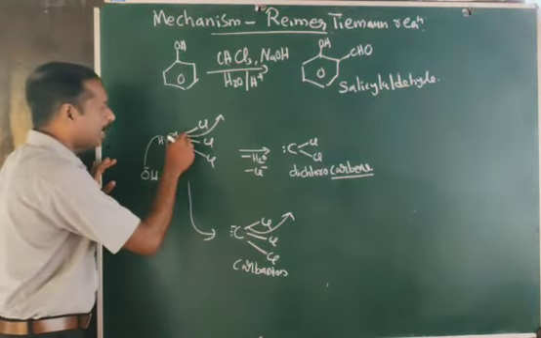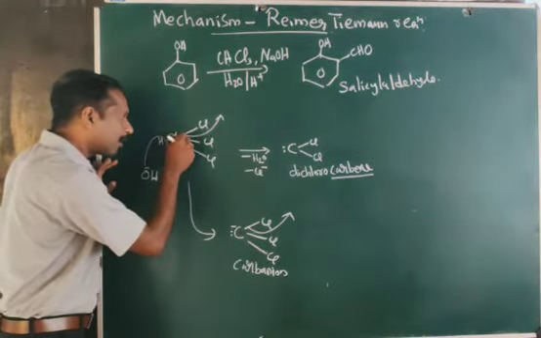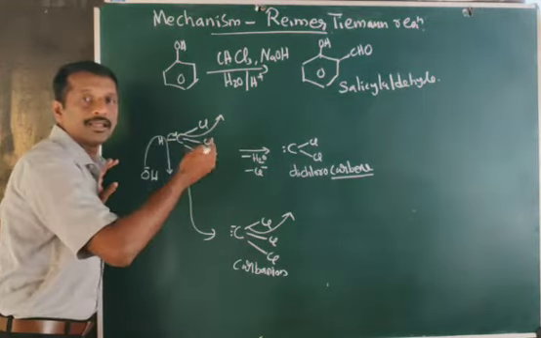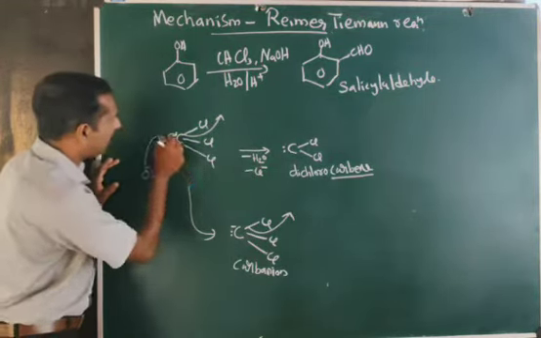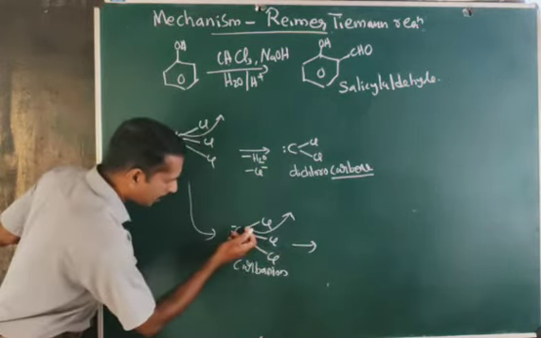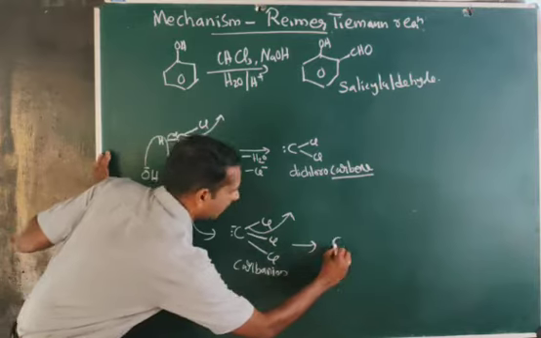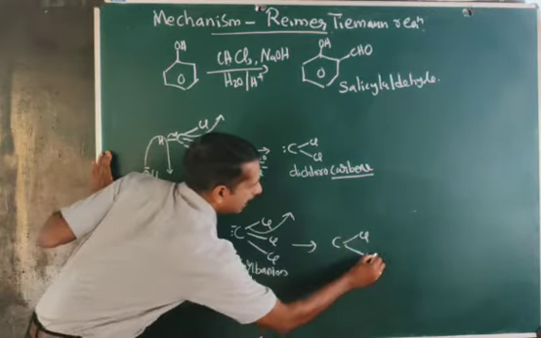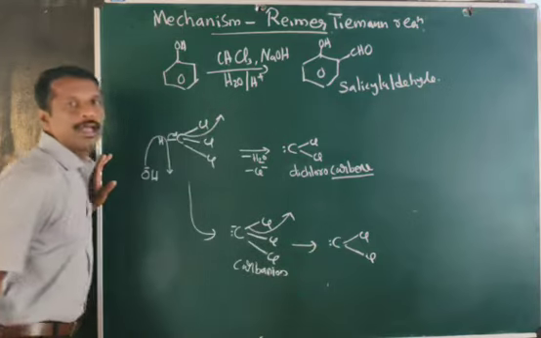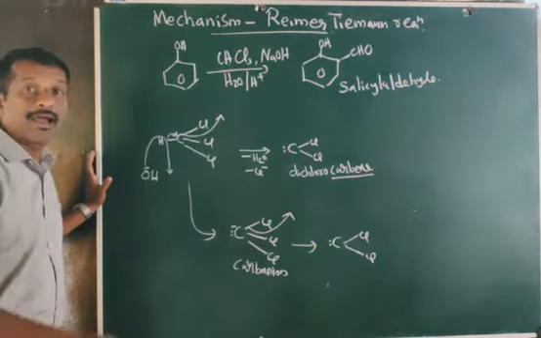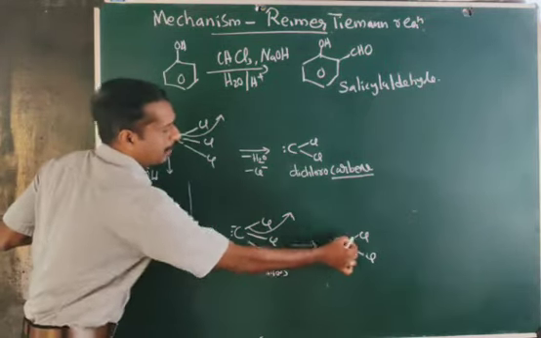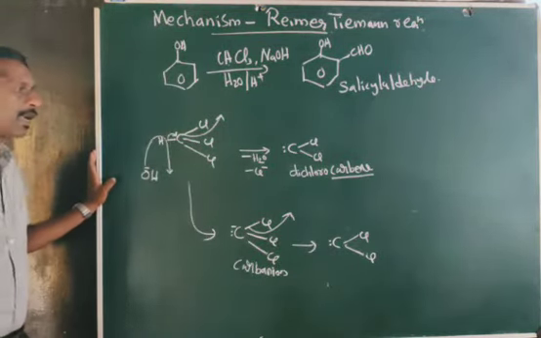And now the C-Cl bond is breaking, so that negative charge is gone, but we will have a pair of electrons on the carbon atom. This species is known as carbene.